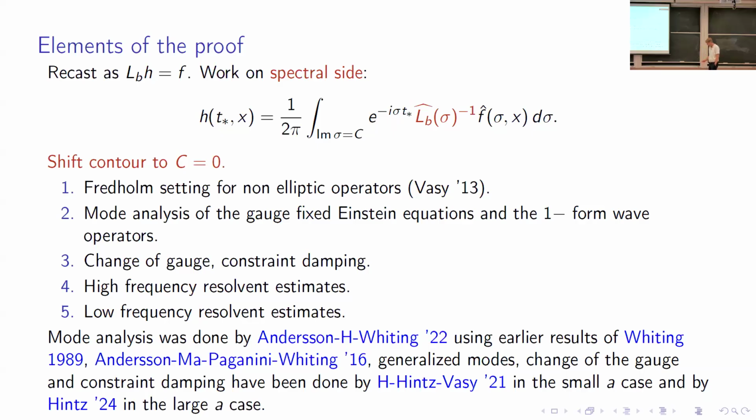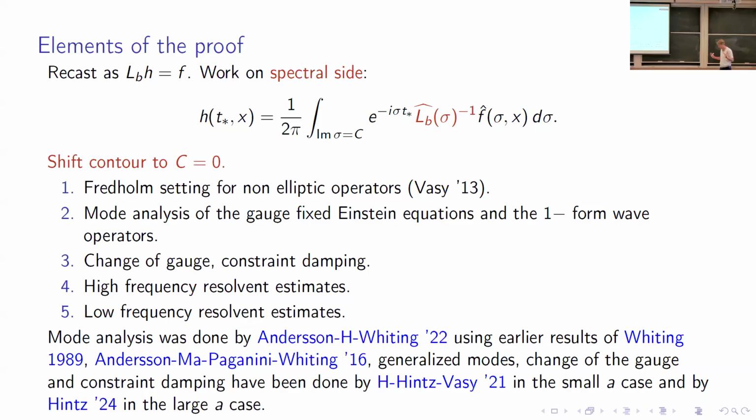Going down to imaginary part of sigma equals 0 is quite a story. You start with imaginary part of sigma very large, and this you essentially get by the first energy estimates you write down. Essentially, you need some exponential control of your solution to do this. And then one very important point I really want to insist on: from our point of view, the important thing is to have a Fredholm setting. I will give one example.